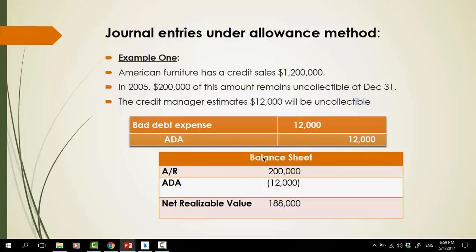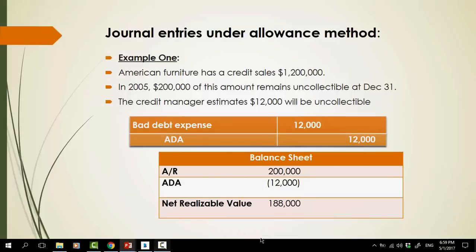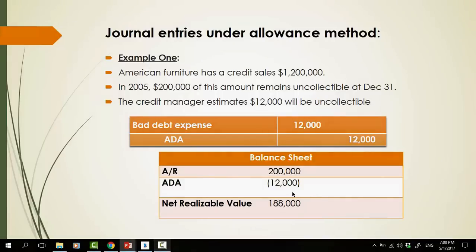On the balance sheet we will record accounts receivable minus ADA, with $12,000, then the net realizable value 188.